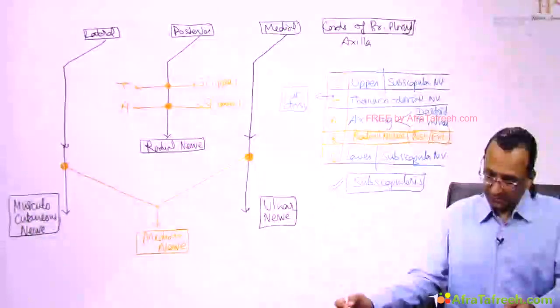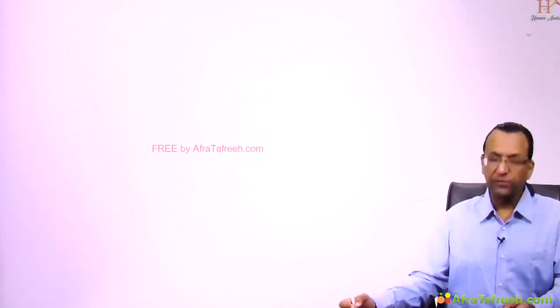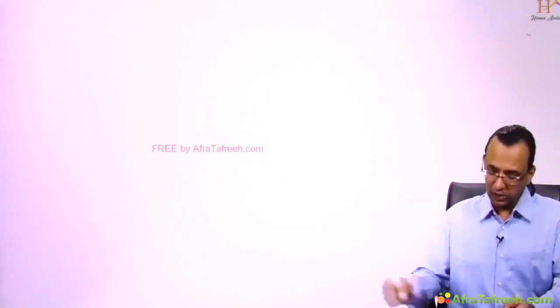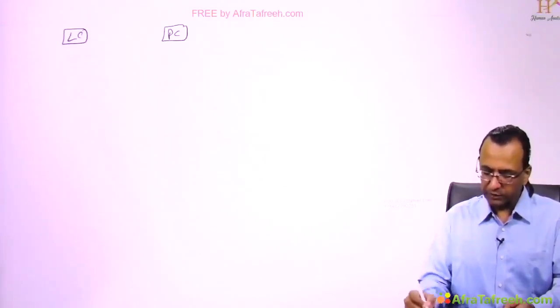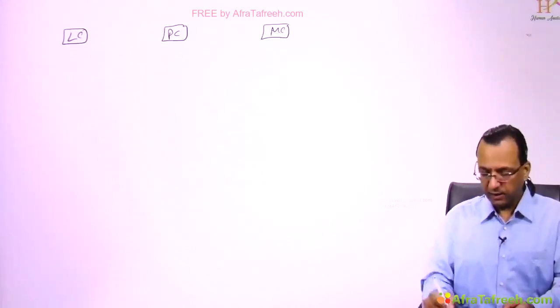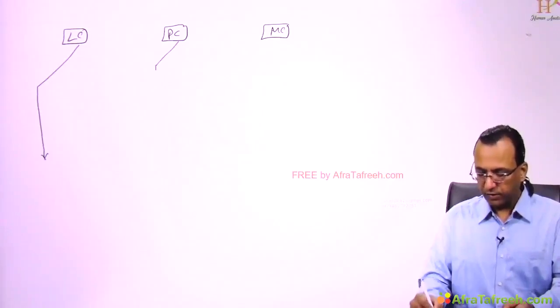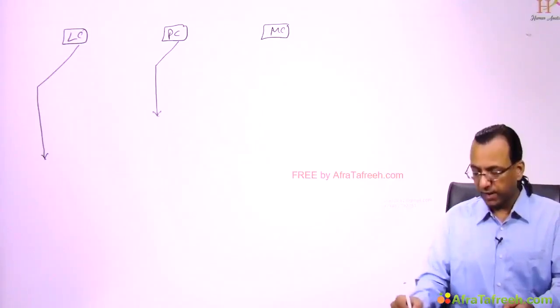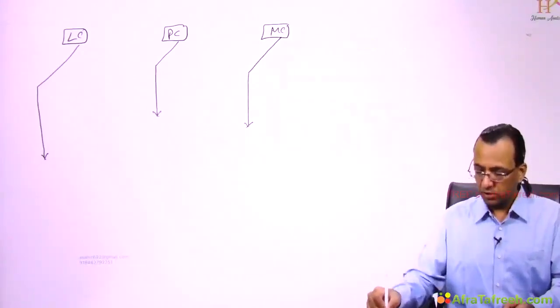As you draw the diagram, you will see some branches in the axilla. But first you have to talk about the cords. There is a lateral cord, a posterior cord and a medial cord of the brachial plexus, and each continues as a nerve. How are the cords named?